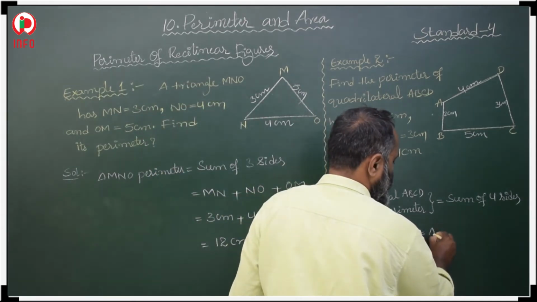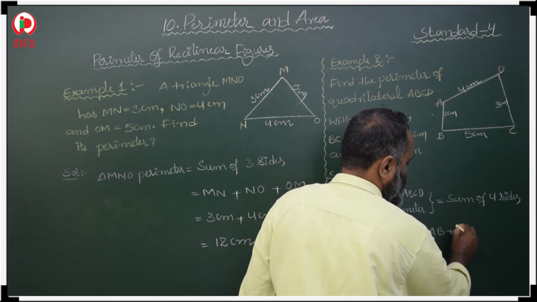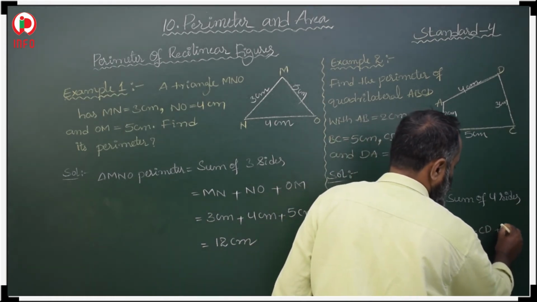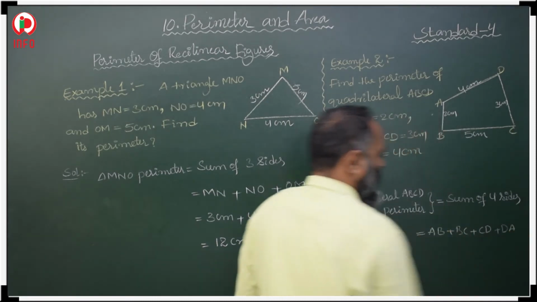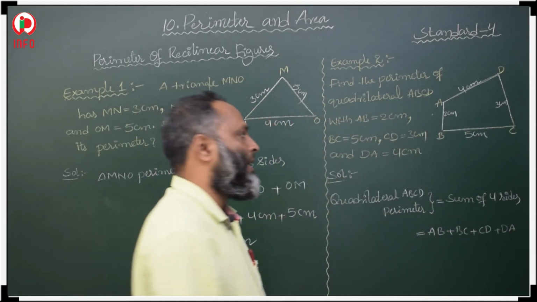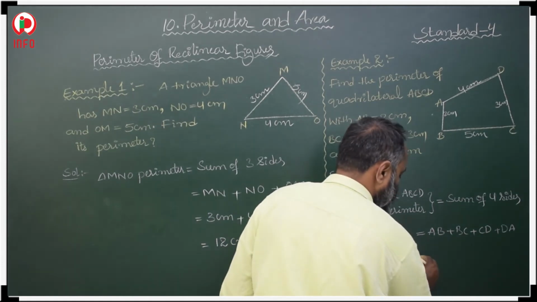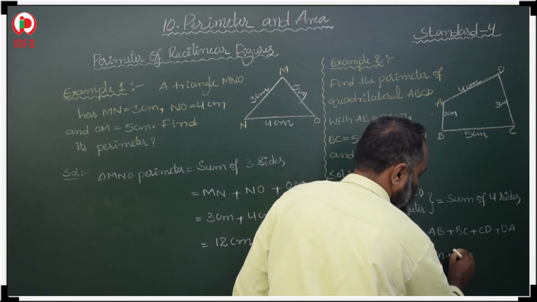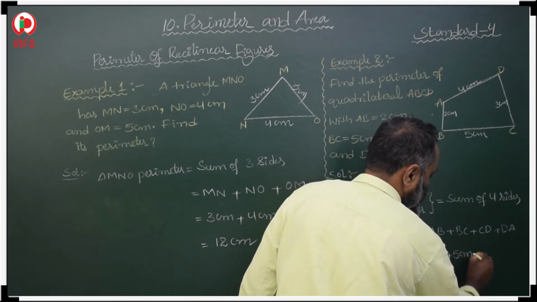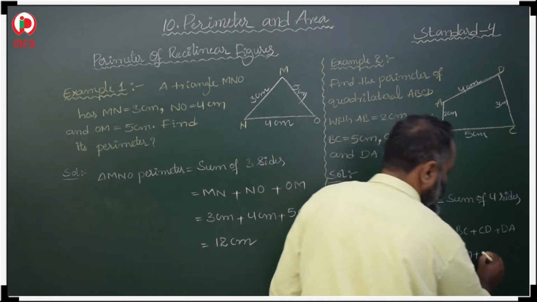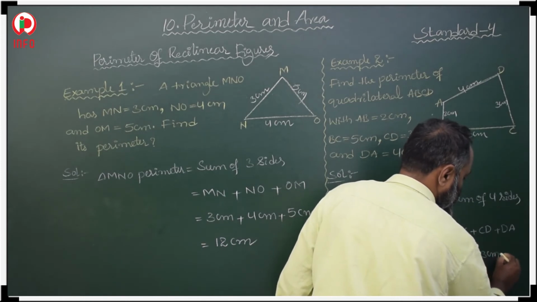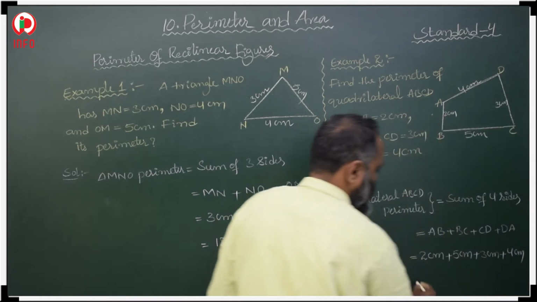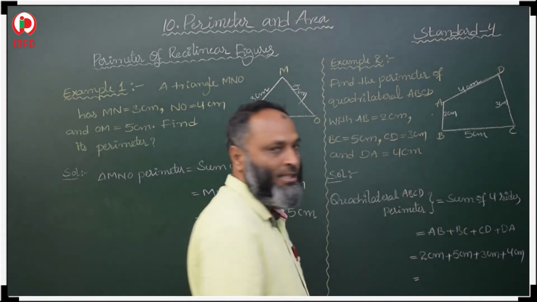That is AB side plus BC side plus CD side plus DA side. AB, BC, CD and DA. AB side is 2 centimeters. BC is 5 centimeters. CD is 3 centimeters. DA is 4 centimeters. Now add all the 4 sides.